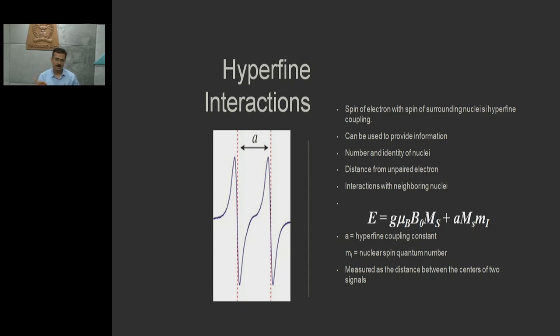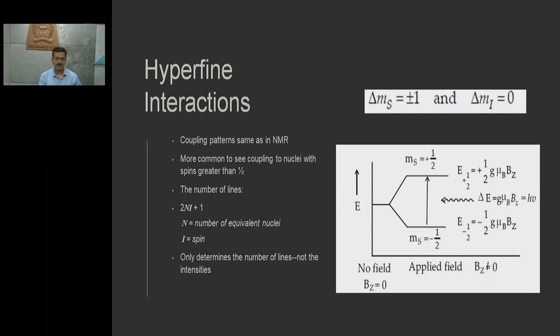Therefore hyperfine interaction, or nucleus-electron coupling, plays a crucial role in understanding how and why we get this type of peak.